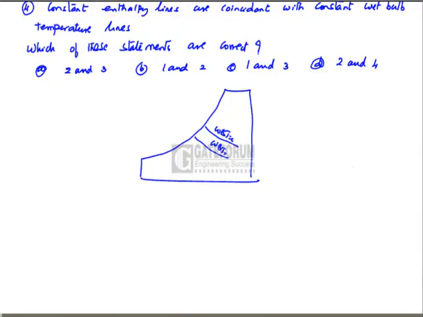Number 4. Constant enthalpy lines are coincident with the constant wet bulb temperature lines. That is also correct. Statement D is right, because constant enthalpy lines will be coinciding with the constant WBT straight lines, sloping right. So the answer is D.